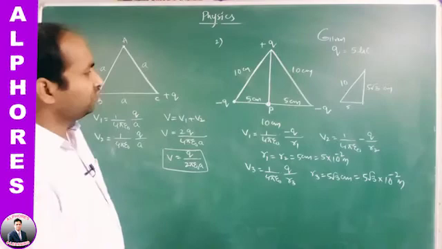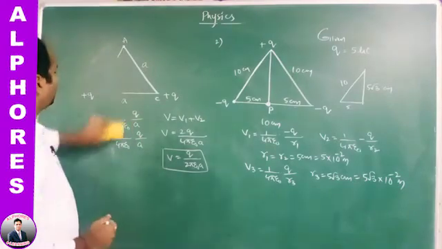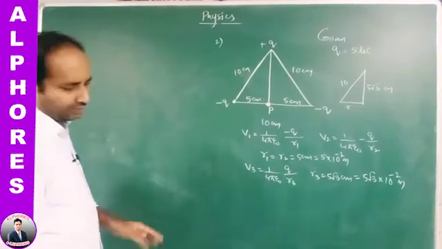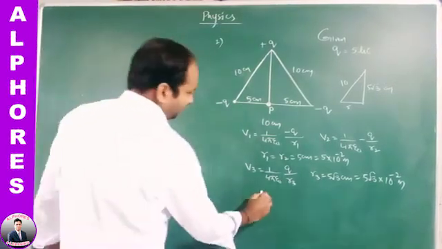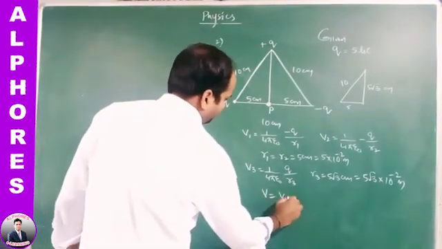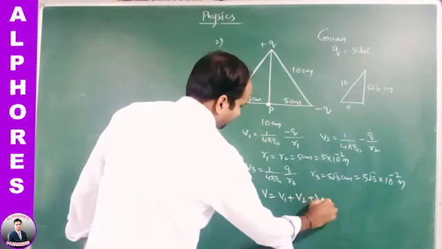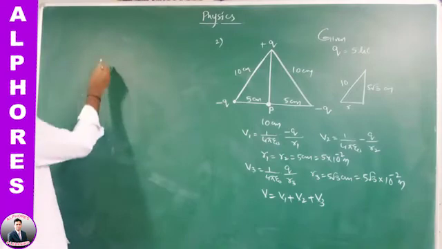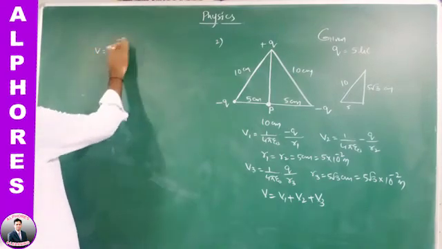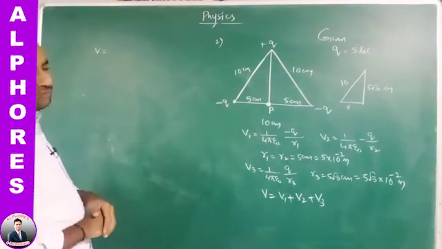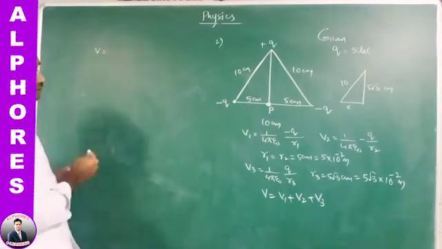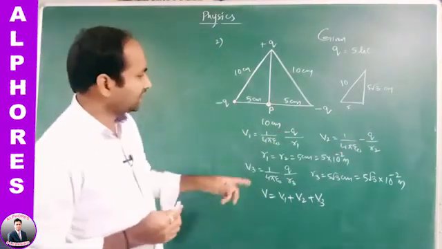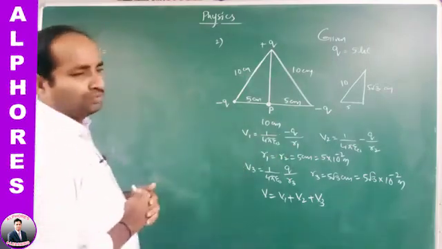But we need to find the net potential. What is the net potential here? Net potential V is equal to V1 plus V2 plus V3. So we may write like this: V is equal to, in all the terms 1 by 4 pi epsilon naught is common, and the magnitude of the charge, 5 microcoulomb, is also common.